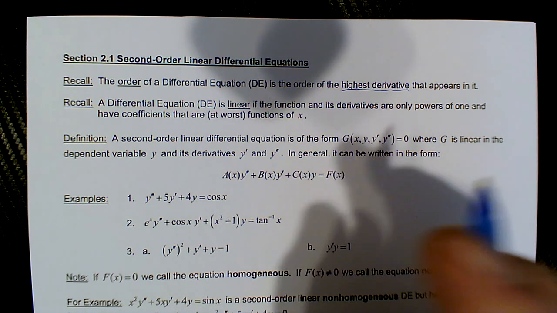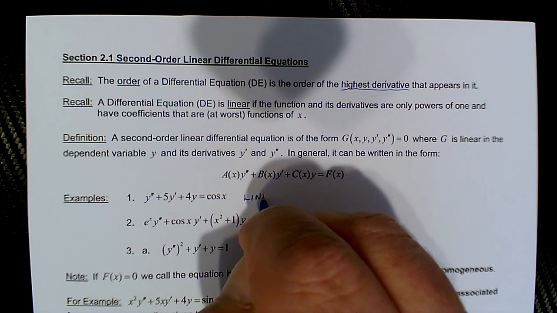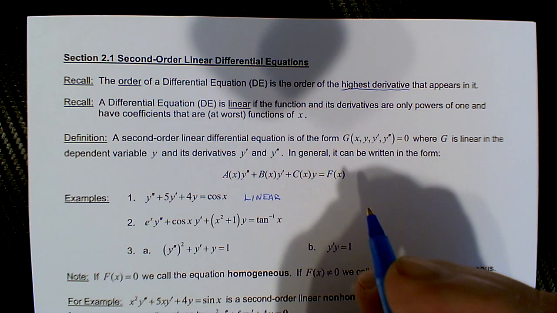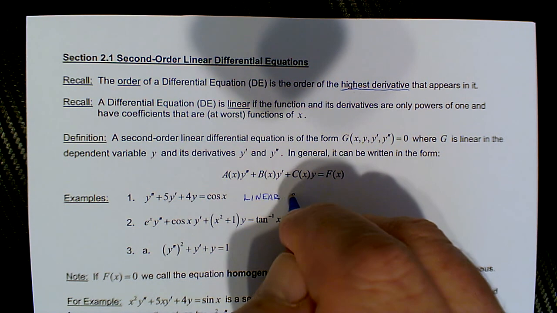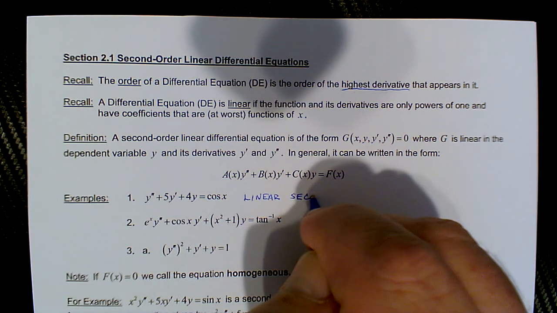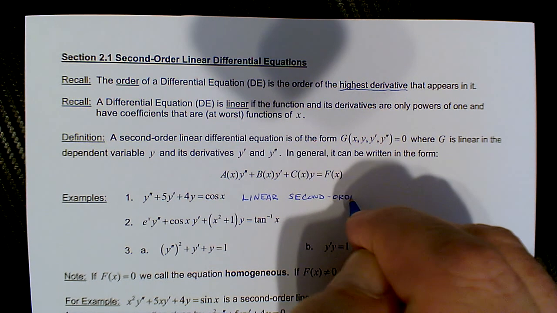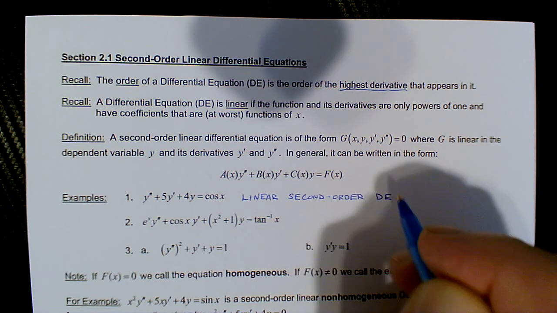So here's some examples. So this is linear because all of the derivatives are of powers 1, and it's a second order because the highest order derivative is 2. So that's a linear second order differential equation.